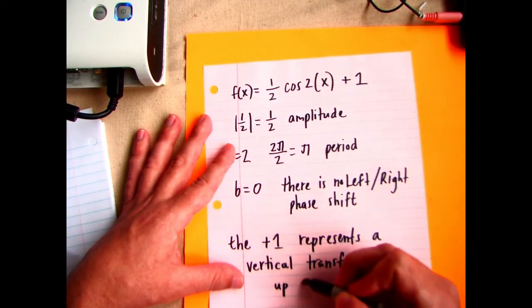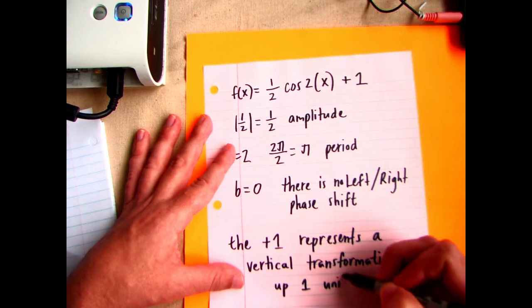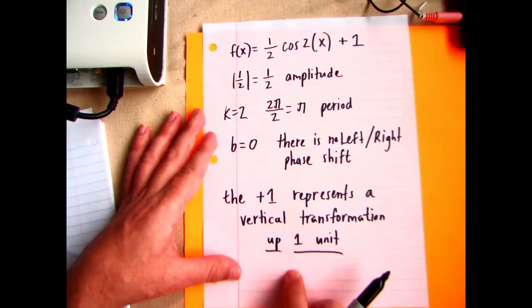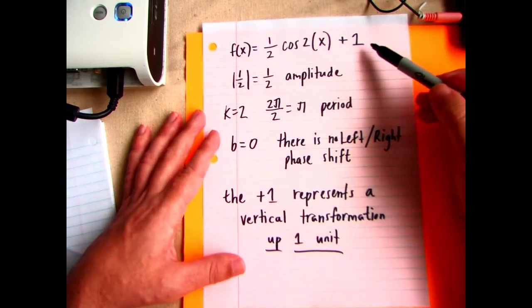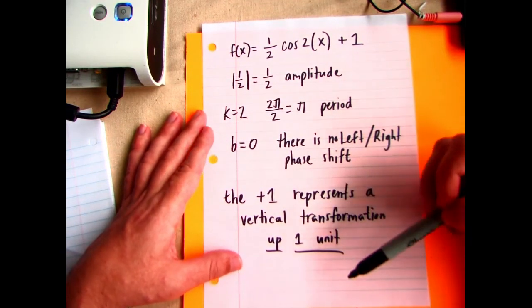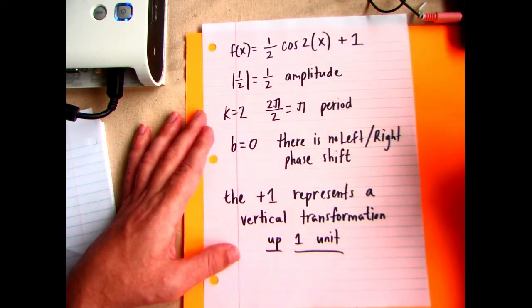So basically if you see a number in the parentheses with the x, that's a left-right movement. Any numbers outside the parentheses at the very end is a vertical up or down movement.